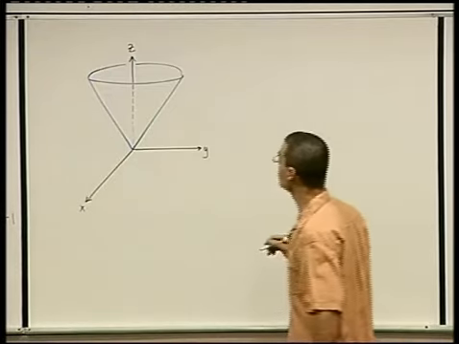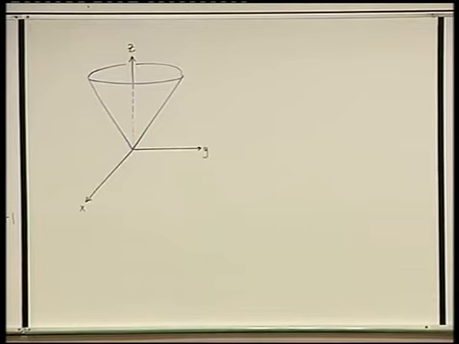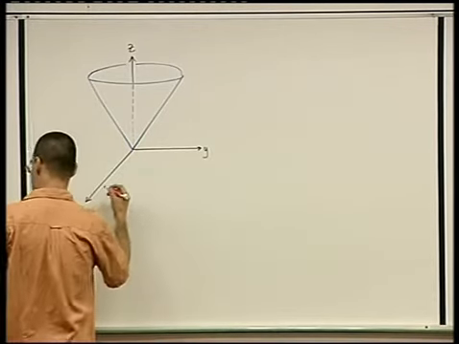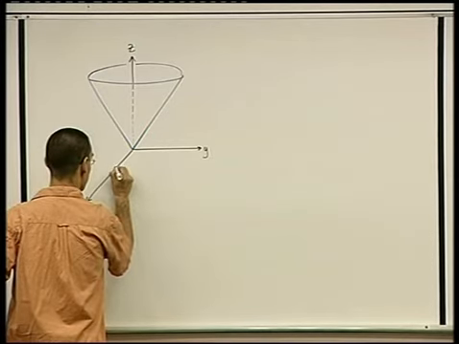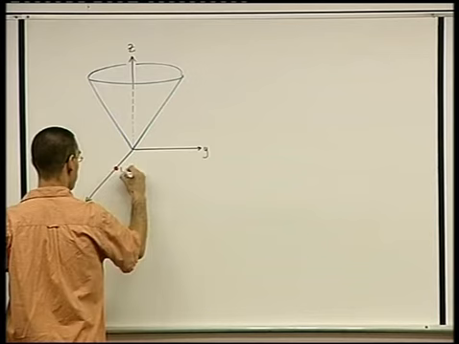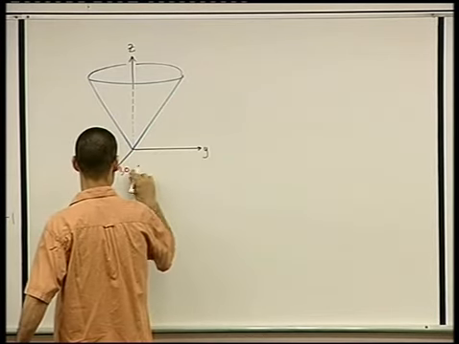This is the cone. And down here, let's take another color. Down here is the point (1, 0). It's somewhere here, let's say. So this is (1, 0), or (1, 0, 0).